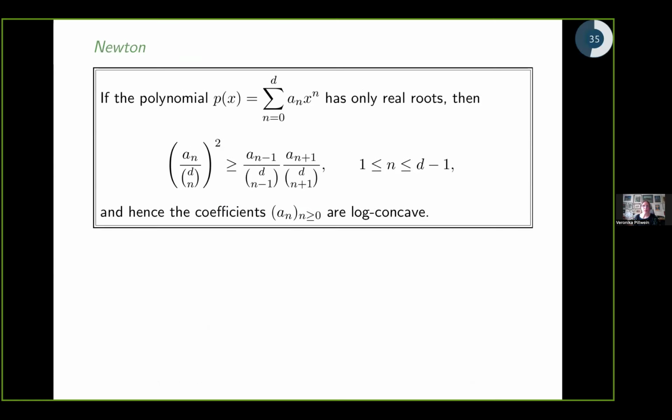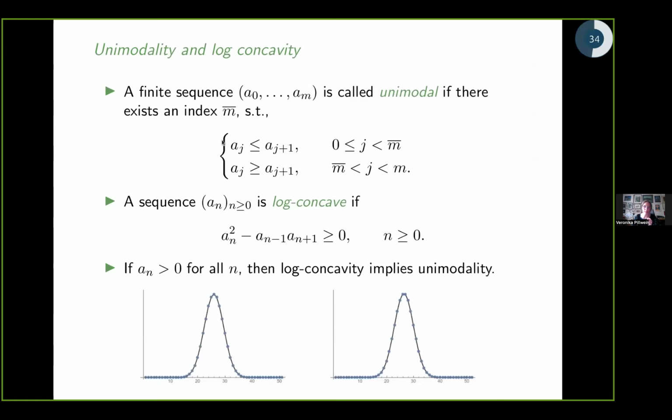What is a classical result to show log concavity? It's from Newton. If I look at the polynomial, which is the finite generating function of my sequence, and it only has real roots, then the inequality below holds, which is, if you rewrite it, a stronger condition, because then you have the log concavity inequality with a number that is greater than 1.